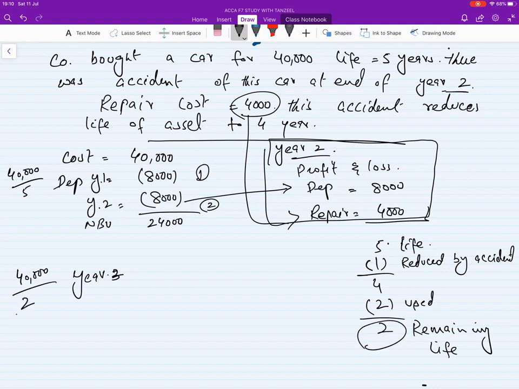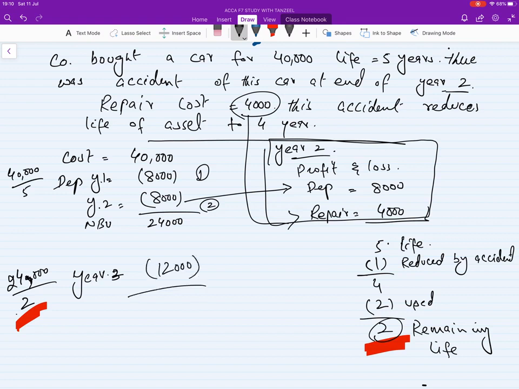So divided by 2. I can highlight this with this. Okay. So remaining life is 2. So the NBV was 24,000, and now you have 2 years life. So after dividing, it means 12,000.